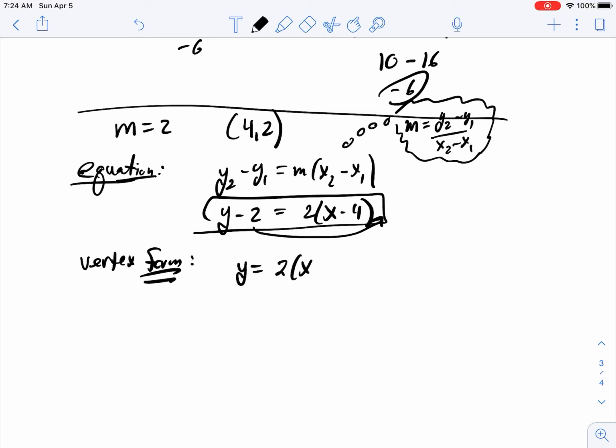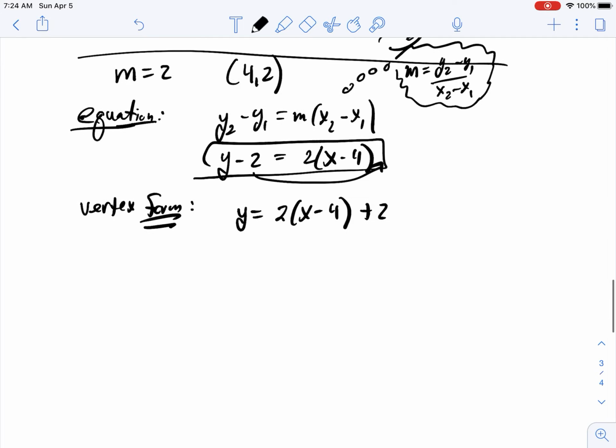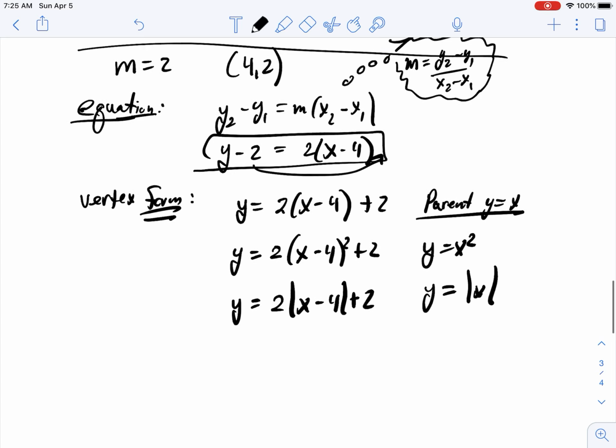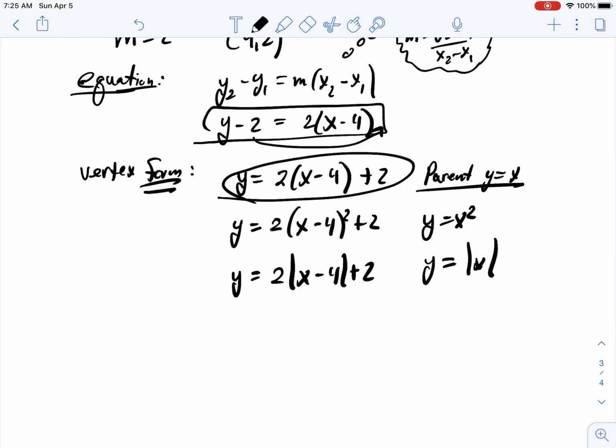So if you have y equals 2(x minus 4) plus 2, one thing I like about this is that if this is your parent graph of y equals x, and then you change that parent graph to say y equals x squared, then all you have to do is write y equals 2(x minus 4) squared plus 2. Or say y equals absolute value of x, then it's y equals 2 times absolute value of (x minus 4) plus 2.